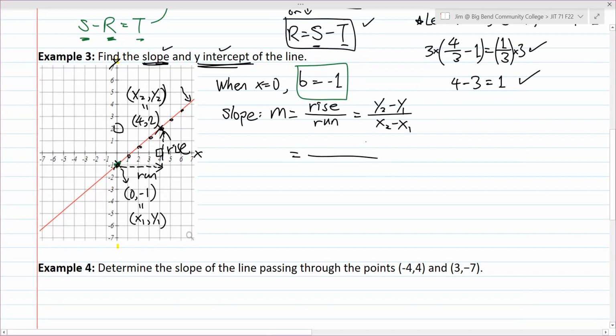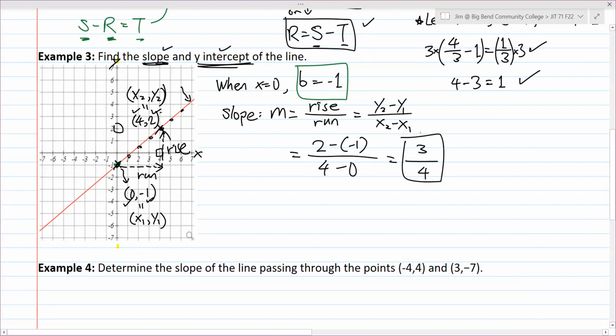All right. So y2 minus y1 equals what? 2 minus -1. Run will be 4 minus 0. And it makes sense because the y value changed by positive 3 and the x value changed by positive 4.